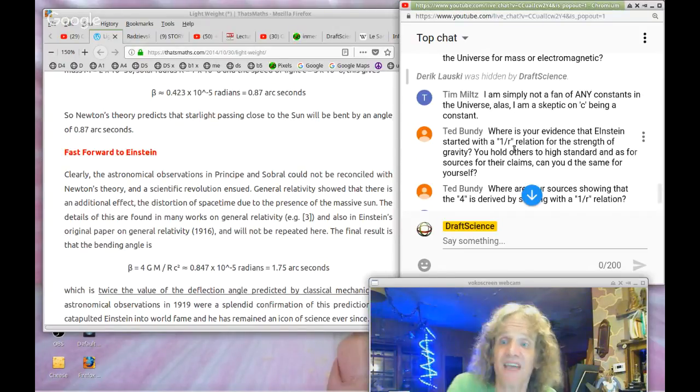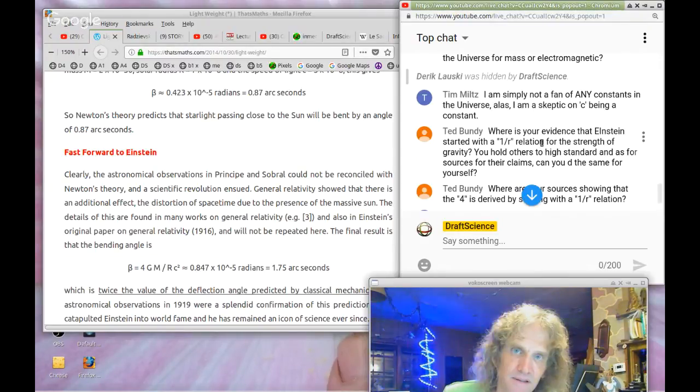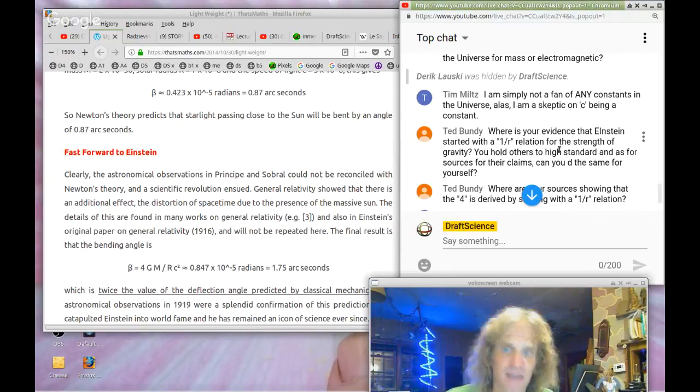But I will say, how could it possibly matter which one he crossed out? Whether he crossed out the r squared or he puts a 4 where a 2 should be. What's the difference? It's still an arbitrary change for no good reason. And that's the real point. Why did he do it? What's the purpose of it? Where is there any evidence?